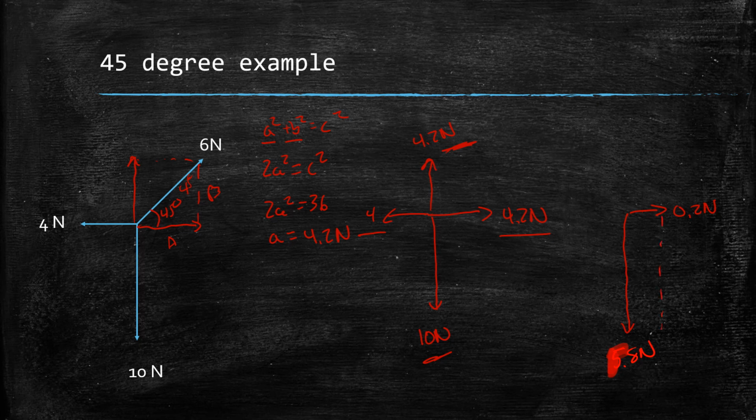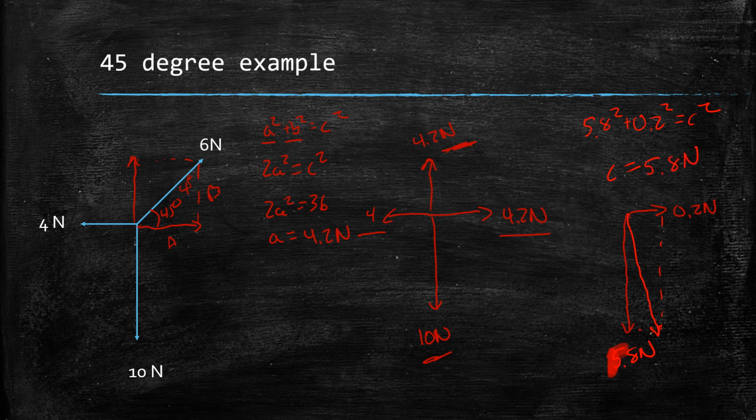Now we just need to find the hypotenuse of my triangle, because remember, we go straight down, over, bam, there's our resultant force. So 5.8 squared plus 0.2 squared equals c squared, and c is about 5.8.